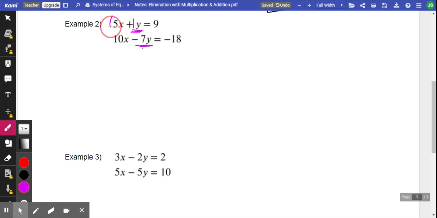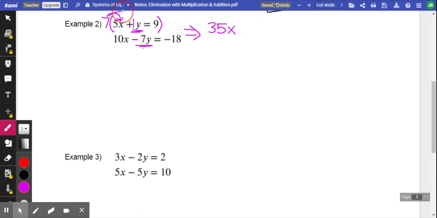So what I could do is take this whole equation. I can't just do part of it. I've got to do the whole thing, but I'm going to multiply it by 7. And what I like to do to keep myself nice and neat is write my new equations right next door. So I have 7 times 5x gives me 35x.